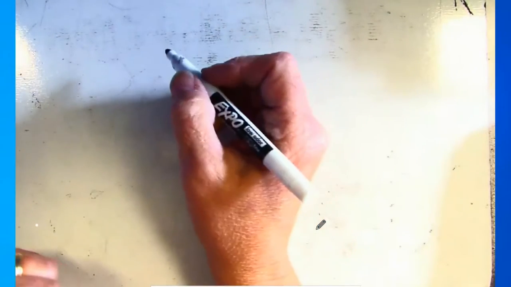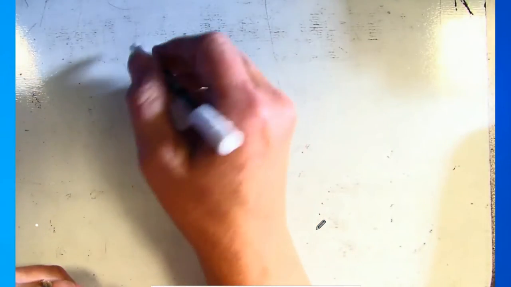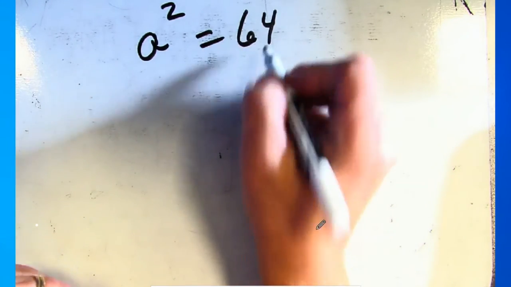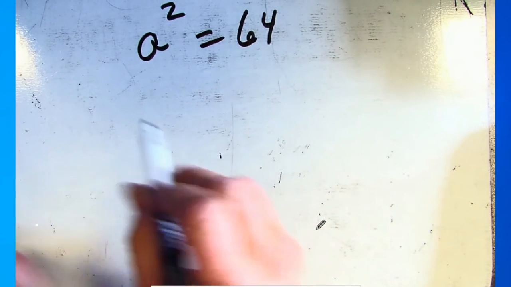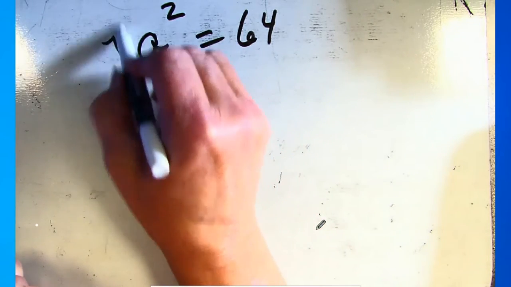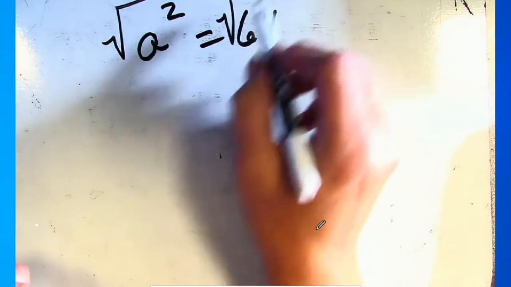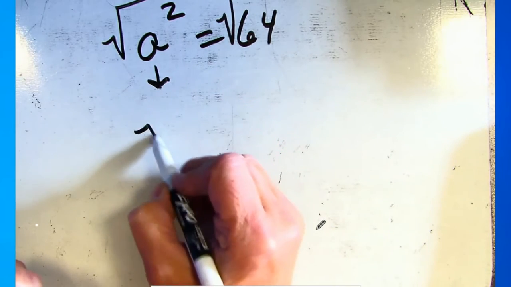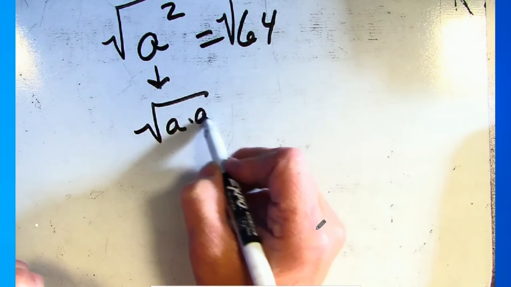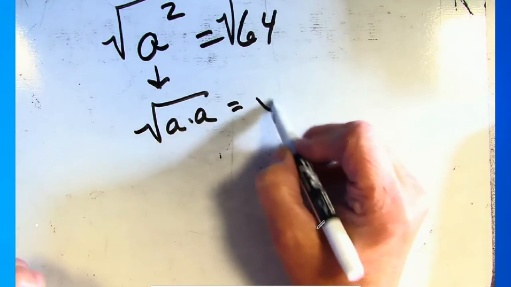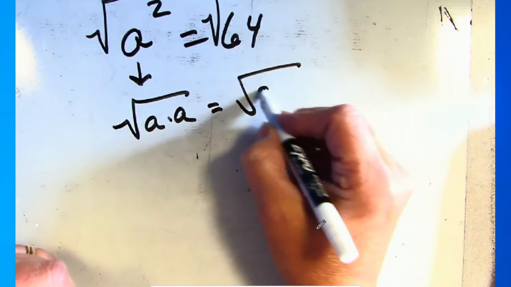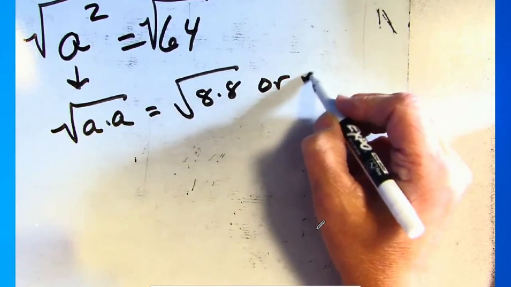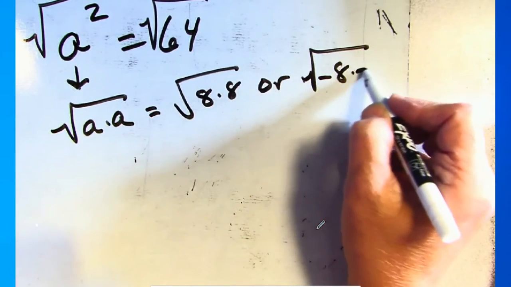What about if I said a squared equals 64? What you're going to do is take the square root of both sides. The square root of a squared is the square root of a times a. This is going to be the square root of 8 times 8, or the square root of negative 8 times negative 8.